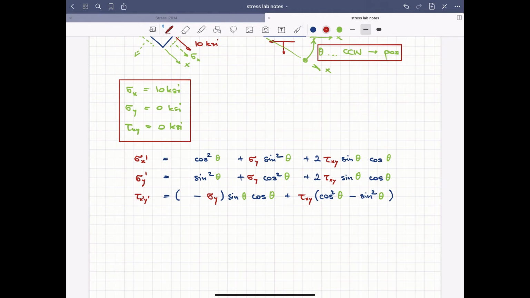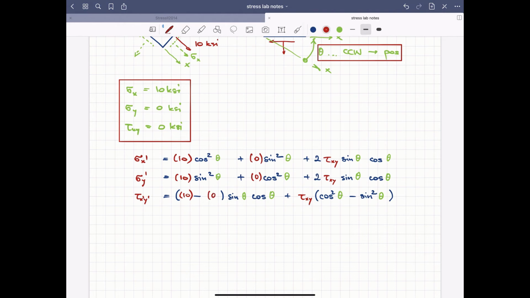So let's start with sigma x. Sigma x was 10 ksi. Let's put the 10 ksi everywhere where we had sigma x. I just skipped the ksi here because there's just no space. So the 10 wherever we had sigma x. Next, we identified sigma y, so we replace everything where we have sigma y. That's simple, it's simply 0 ksi.